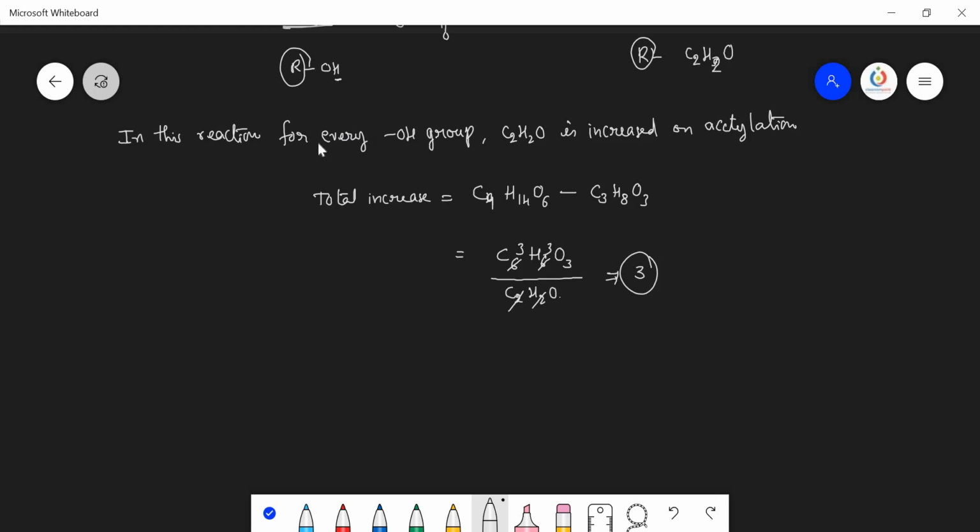And for every OH group, this much is increased. So the total increase divided by the increase for every OH group goes almost 3 times, means there are 3 OH groups. So 3 OH groups are present.